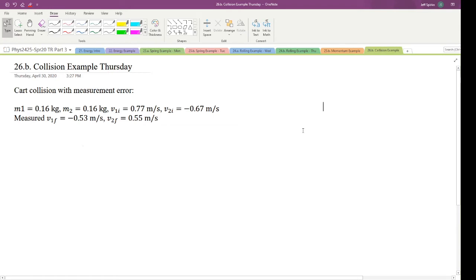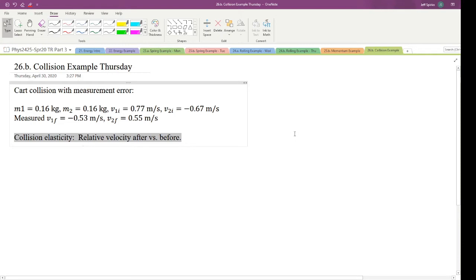Now, I want to do a theoretical versus experimental comparison between what actually happened in the collision and what I would expect. And this is a special type of collision called a partially elastic collision or an inelastic collision, but not perfectly inelastic. And a good parameter that characterizes a partially elastic collision is the elasticity.